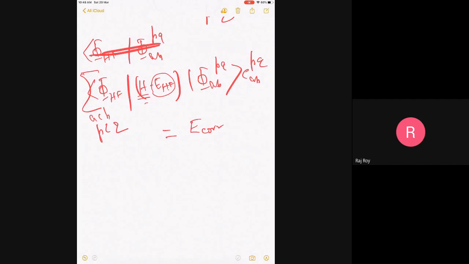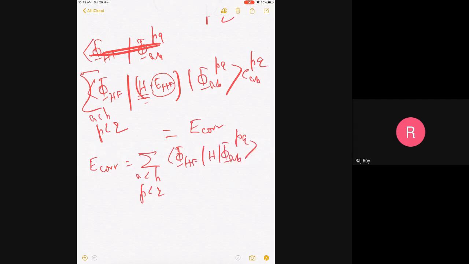So let me write the E correlation as the only term: A less than B, P less than Q, phi Hartree-Fock, H, phi ABPQ, this integral times C ABPQ.